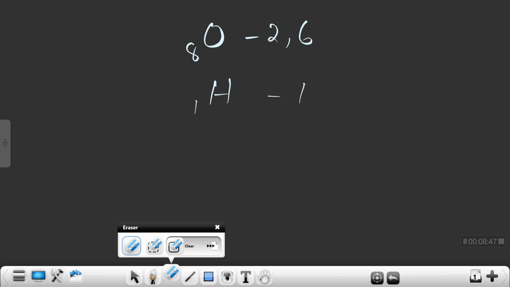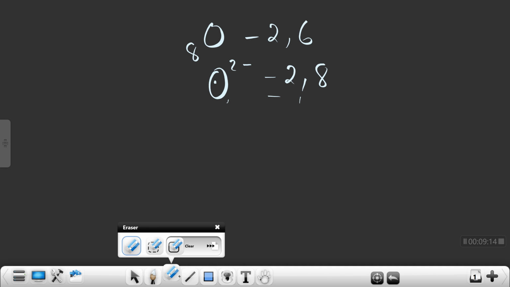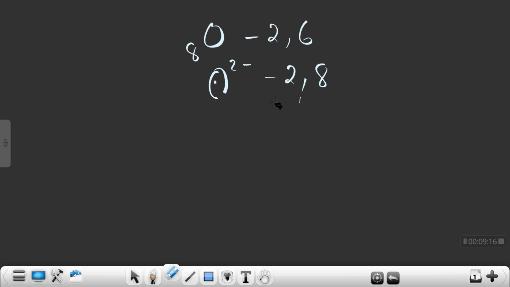But in the other elements, like oxygen, it is the second shell, L shell. If the L shell contains 8 electrons, it is stable. So oxygen gains 2 more electrons, then it will become O2 minus. The electronic configuration is 2,8.